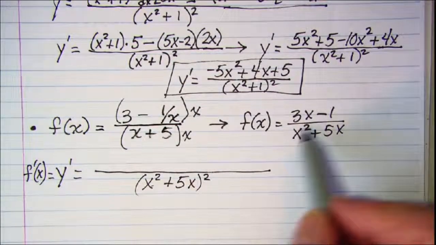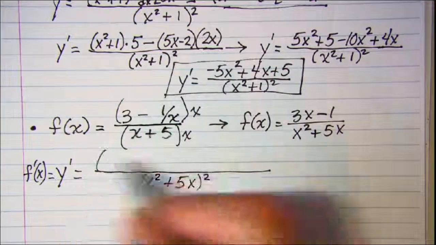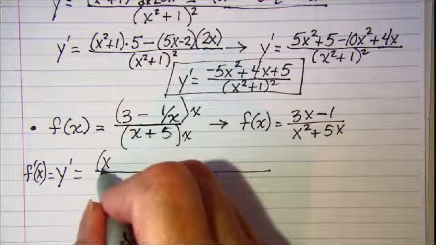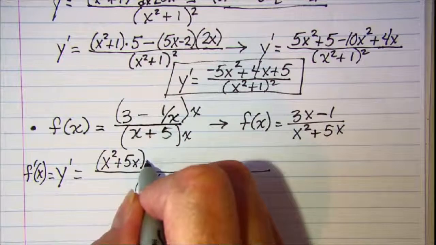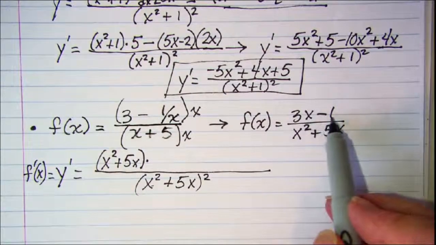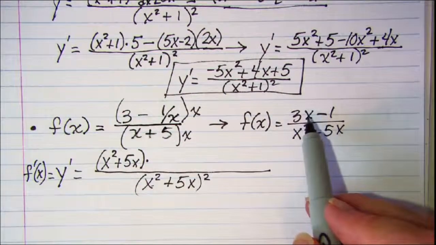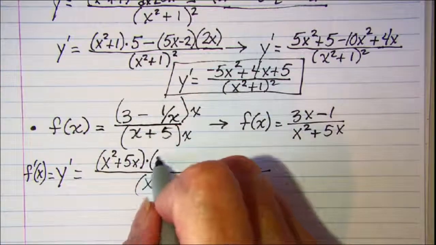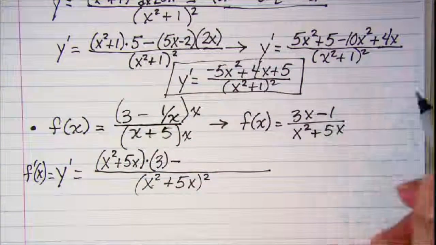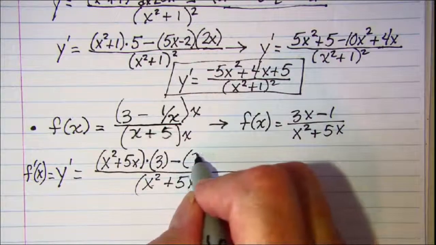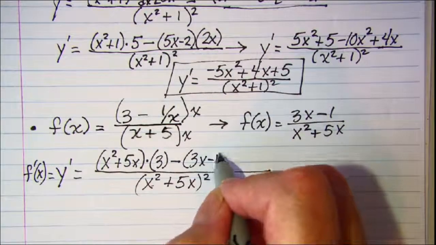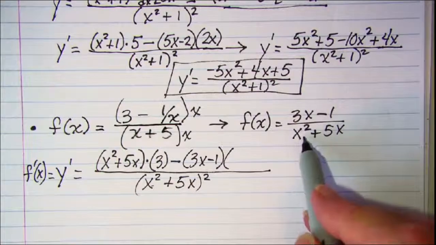I start with the bottom, so I have x squared plus 5x multiplied by the derivative of the top, which is just 3. Subtract from that the numerator, 3x minus 1, times the derivative of the bottom, which is 2x plus 5.